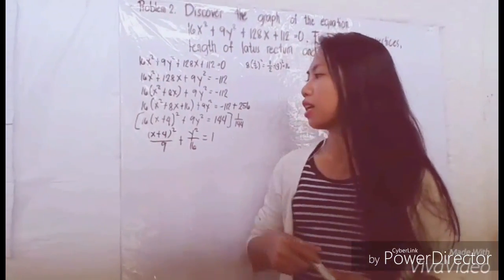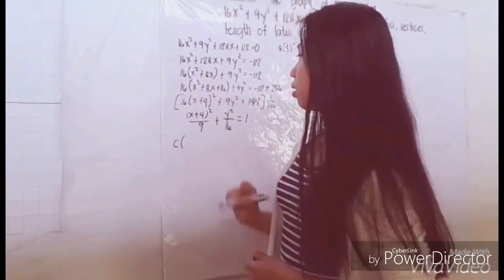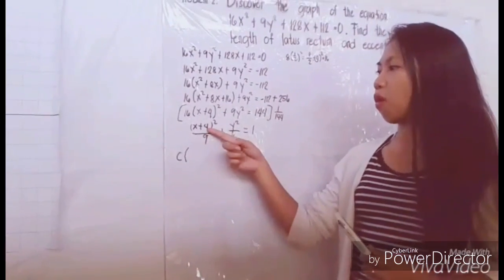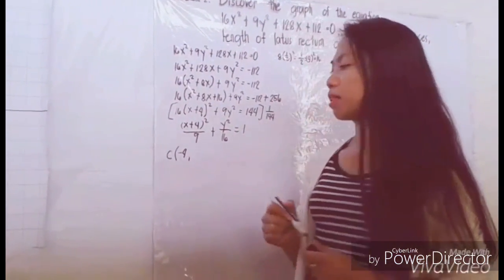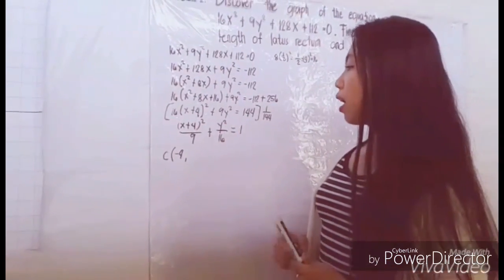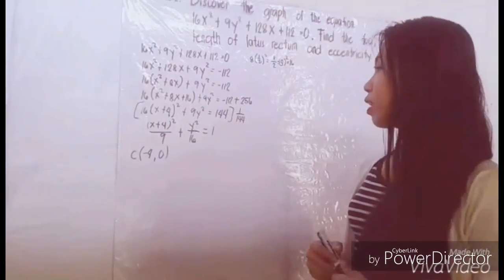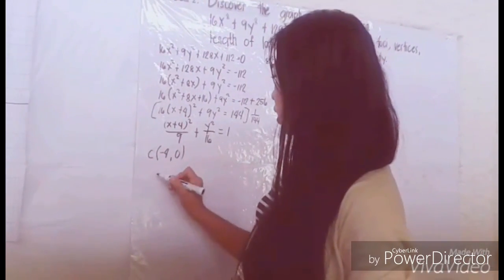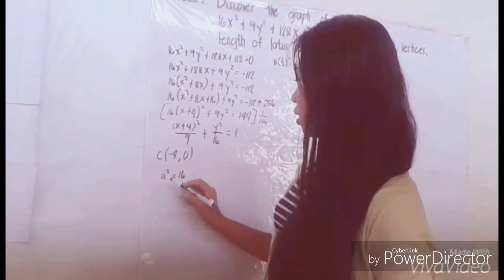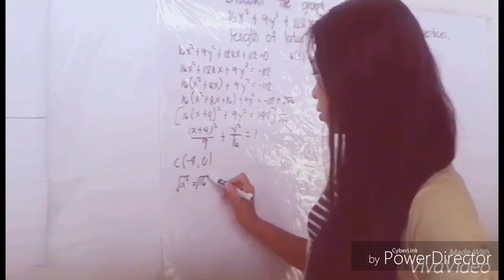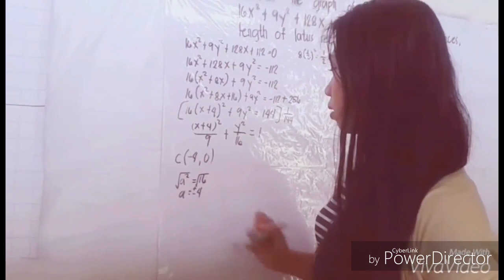So we have our h, k, which is our center. Our h is negative 4, and our k is 0, since we have no value of k. Given a squared, which is 16, taking the square root, we have a is equal to plus or minus 4.